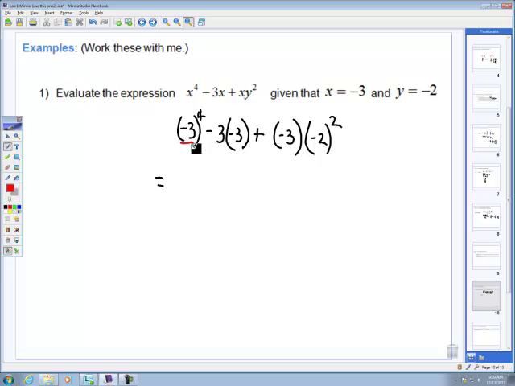That would give us a positive 81 minus 3 times negative 3 plus negative 3 times negative 2 squared. So let's take care of that exponentiation. Again, negative 2 is in parentheses. So negative 2 is our base. Negative 2 squared would be a positive 4.